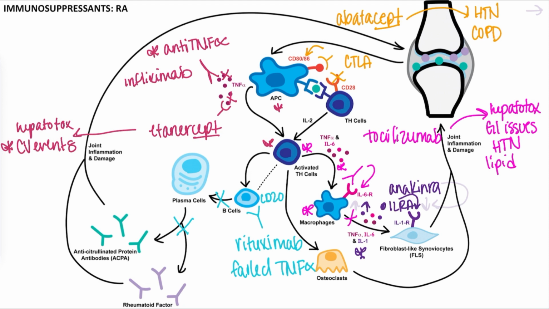So in RA patients, the levels of endogenous interleukin-1 receptor antagonists produced by these various cell types is not sufficient to actually compete with the elevated amount of locally secreted interleukin-1. So anakinra acts to supplement the endogenous interleukin-1 receptor antagonist levels and inhibit that interleukin-1 action.